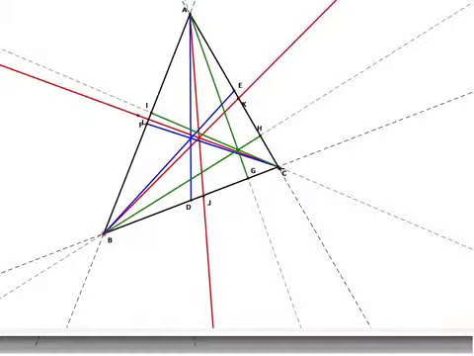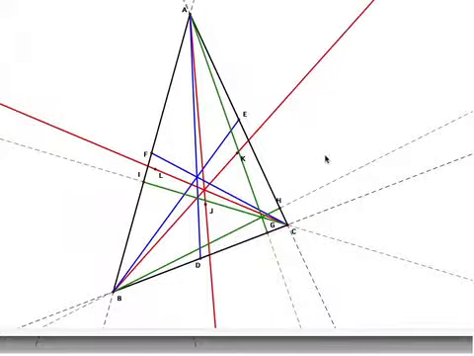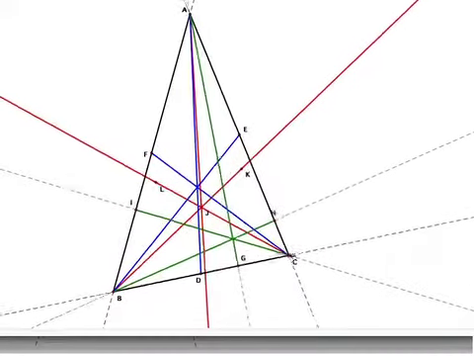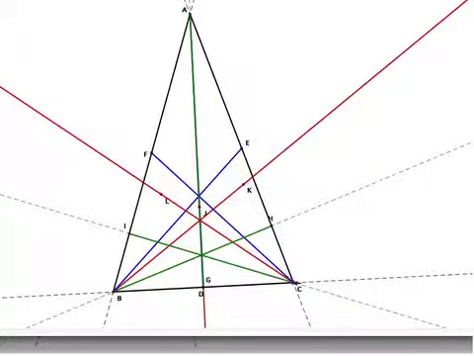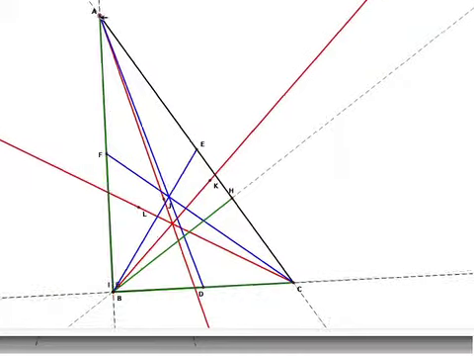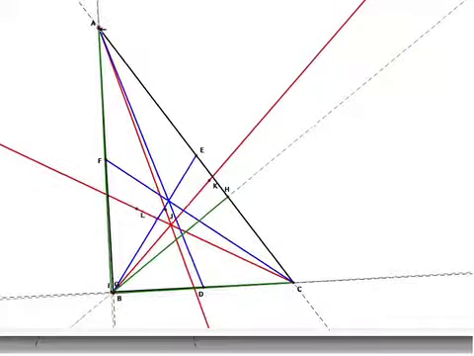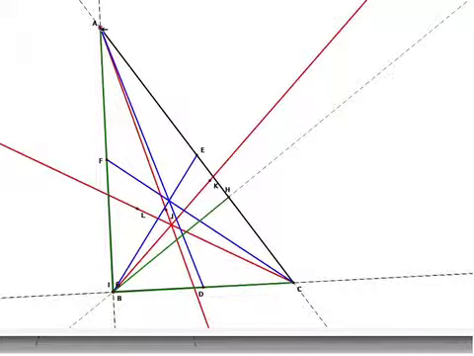If we make it so that two sides are the same, but one side is different than the other two, an isosceles triangle, we get a little more symmetry, but not as much as we had with the equilateral triangle. And now let's take a look at a right triangle. And there it is.